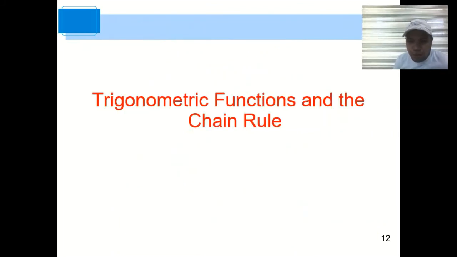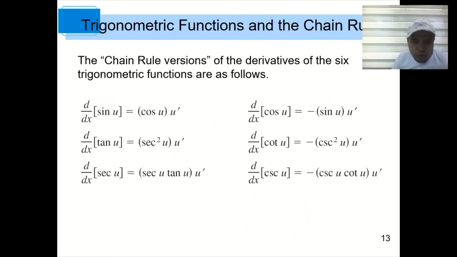Okay, so trigonometric functions and the chain rule. So, if we have another function or composite function such as getting the derivative of sine u, so that will become cosine u times the derivative of u. If it's tangent u, derivative of tangent is secant squared. So secant squared u times the derivative of u.